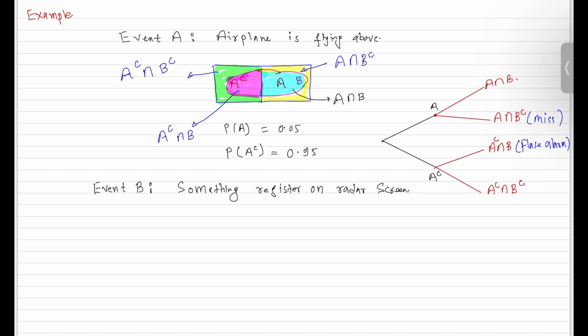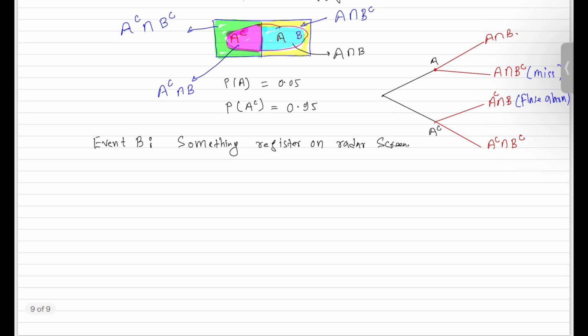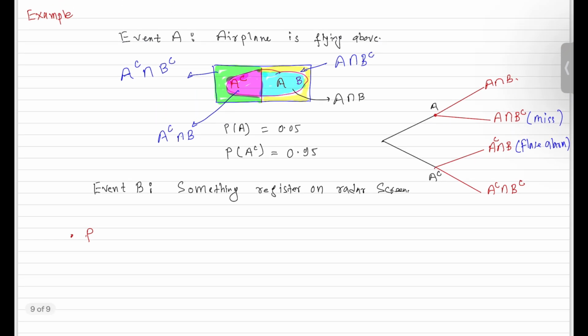Okay, now let me ask you a question. The very first question is that, given this model, can we find each and every probability? Can we find the probability that, okay, before finding this probability, let me give you more information.